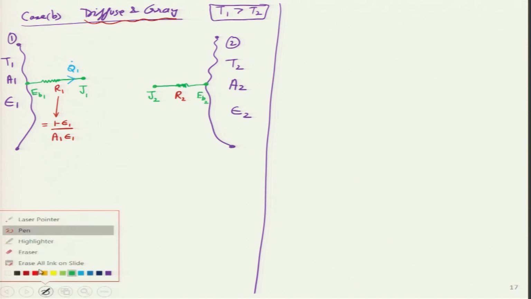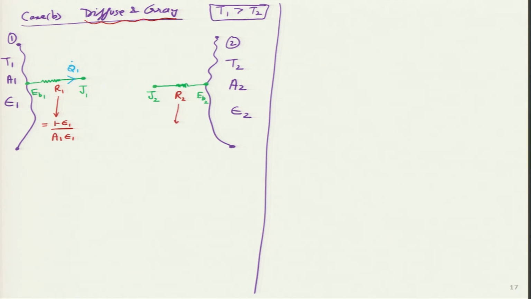And for completion's sake, I can write the expression for R2 as well. It will turn out to be 1 minus epsilon 2 divided by A2 epsilon 2. As we can see, both these terms are very similar to one another. This is by definition the value of surface resistance.